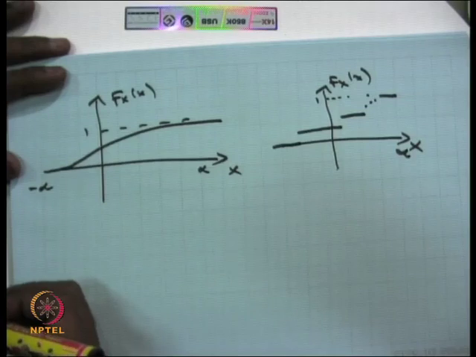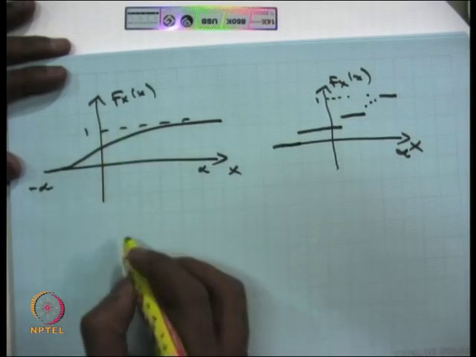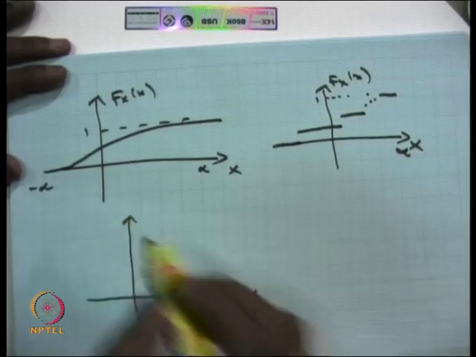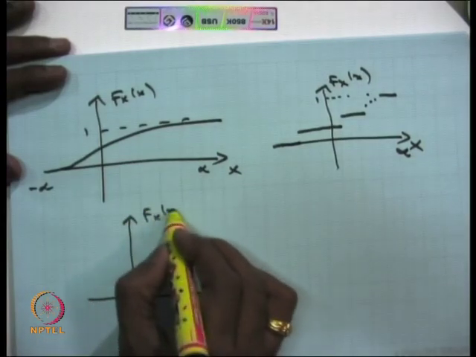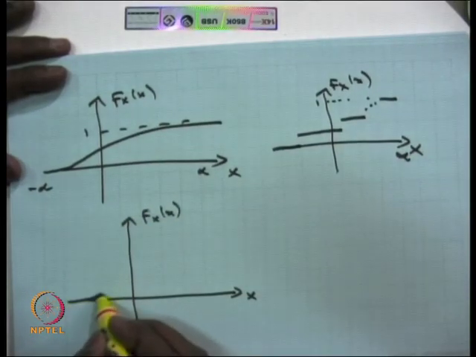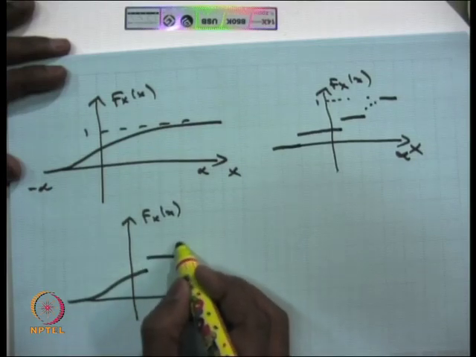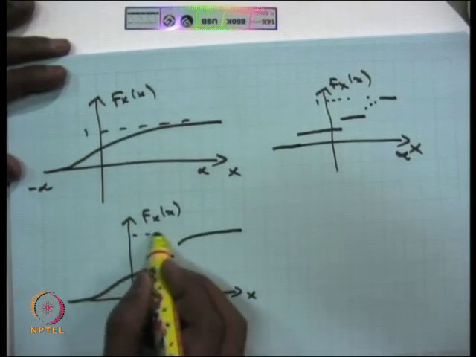So, based on the way the CDF goes, I can give one more example in which it is continuous in some part, and then it has jumps. That is also possible.